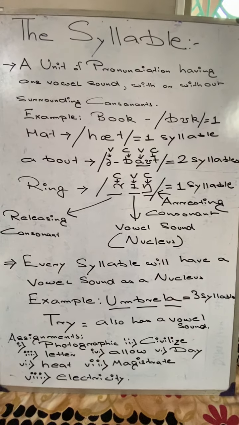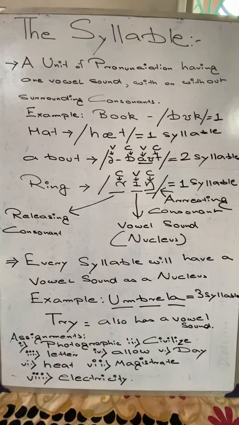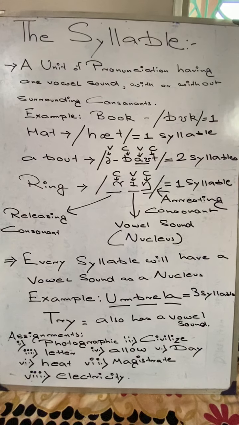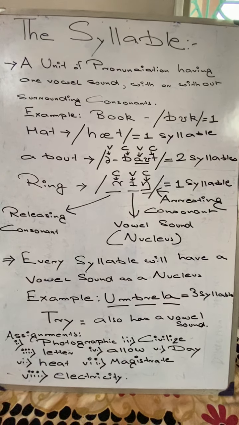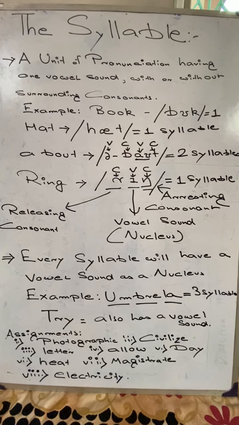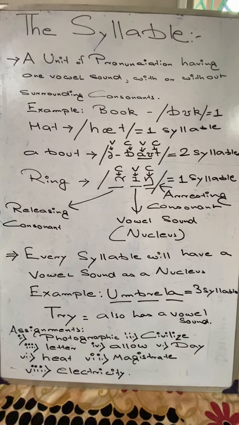But when we deal with sound, we have to remember that there are 44 sounds in English, out of which there are 20 vowel sounds and 24 consonant sounds. The emphasis is on sound.